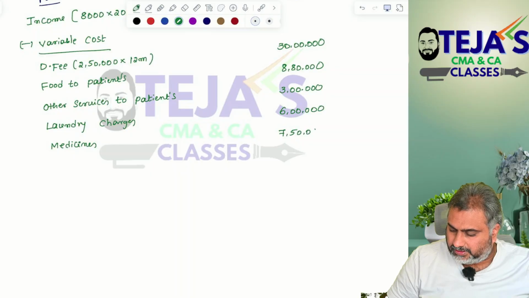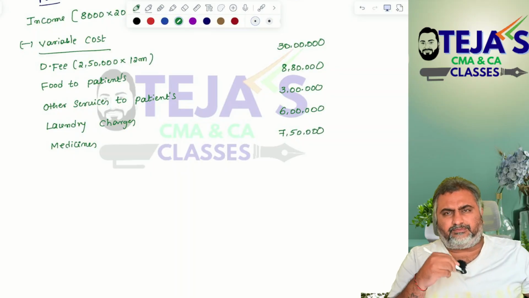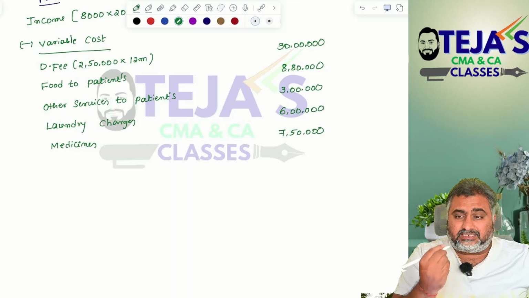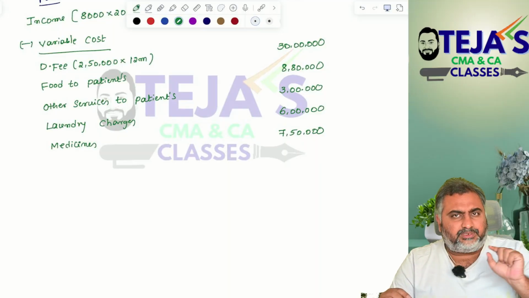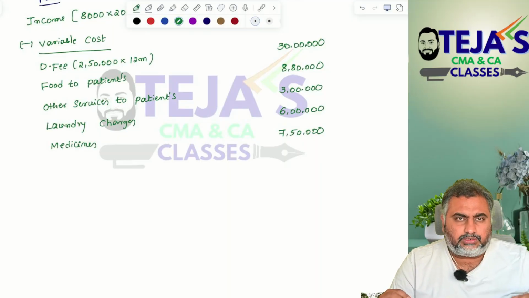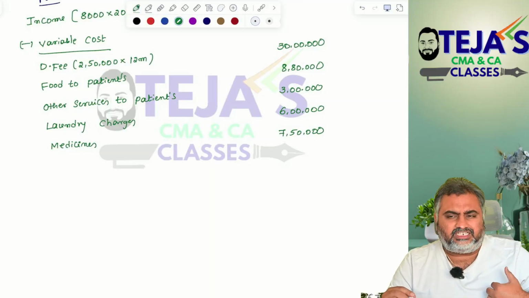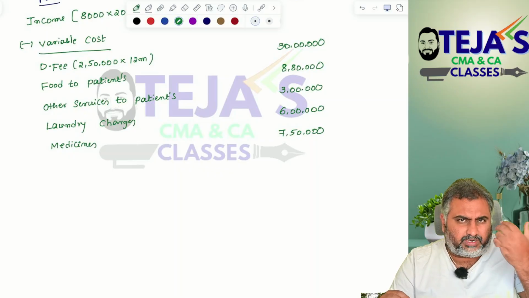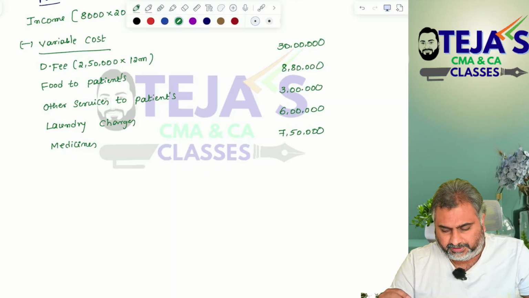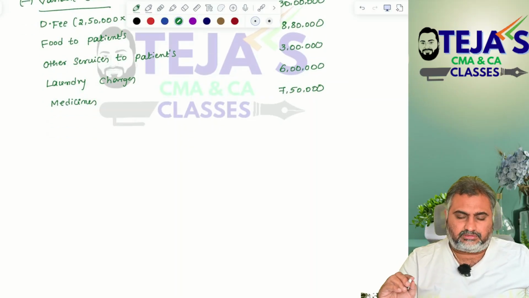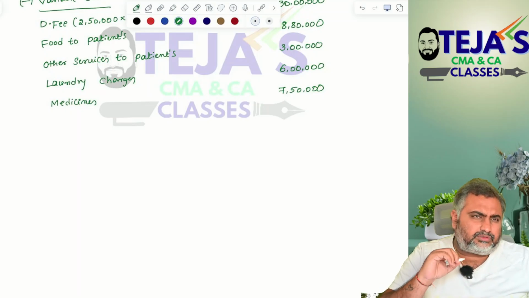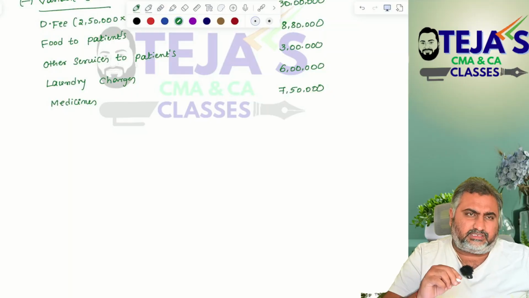Here only, students commit one mistake. They forget to write the hire charges of beds. Because we occupied 750 beds, for each bed we are paying 100 rupees. Totally we are supposed to pay how much? 75,000. So it is based on your occupancy. However many beds you hired, that much amount you need to pay. So that is also covered under variable cost only. Many times we refer to this point, and still students forget it in the examination.